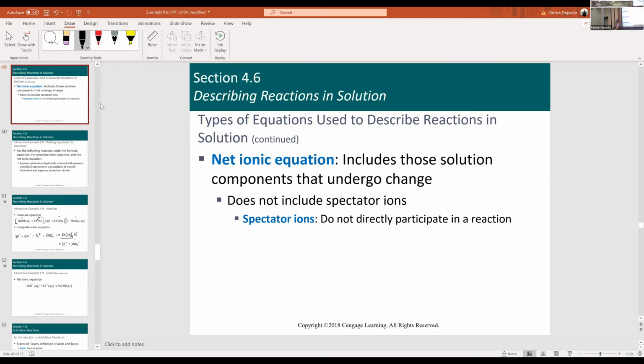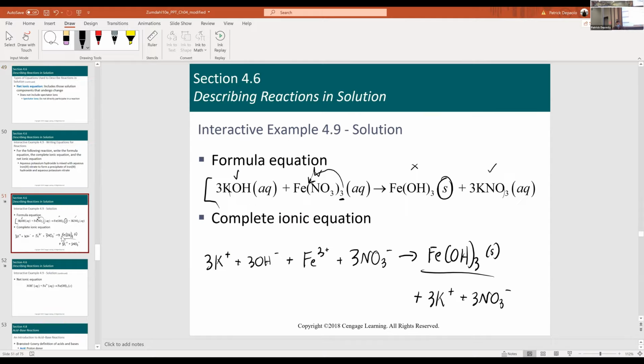So only the things that undergo the change from reactant to product are the ones that are written in the net ionic equation. It basically cancels out everything that's not used. And everything that's not used is technically still part of the reaction. Those are called spectator ions. I'm going to circle them in red.